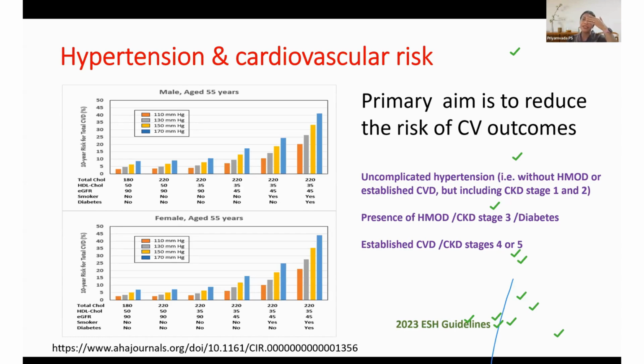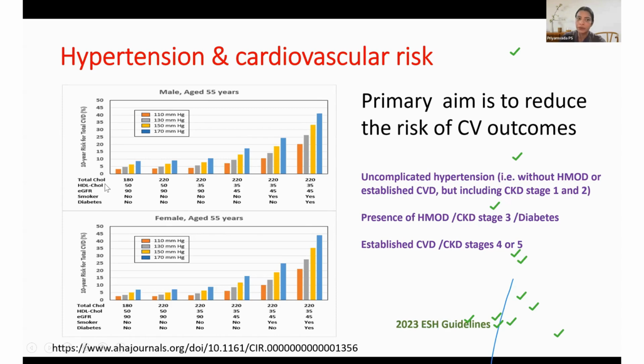And usually a GFR of more than 60 ml doesn't increase the risk manifold, provided the patient doesn't have any proteinuria. The other group of patients is those with hypertension-mediated organ damage, CKD stage 3, or those who are diabetic. And the highest risk is in patients with established cardiovascular disease and advanced CKD.